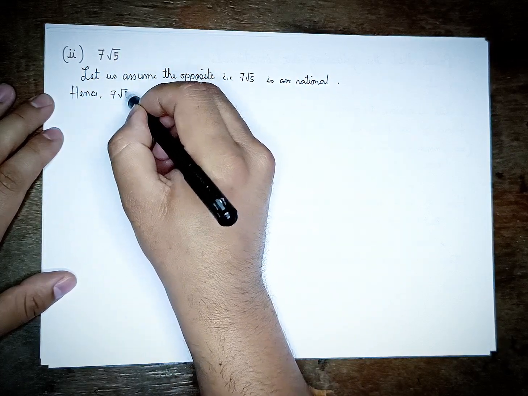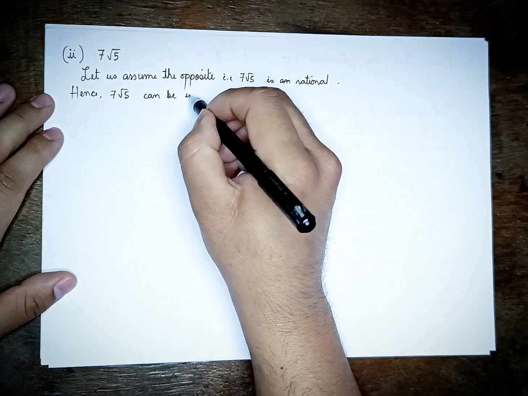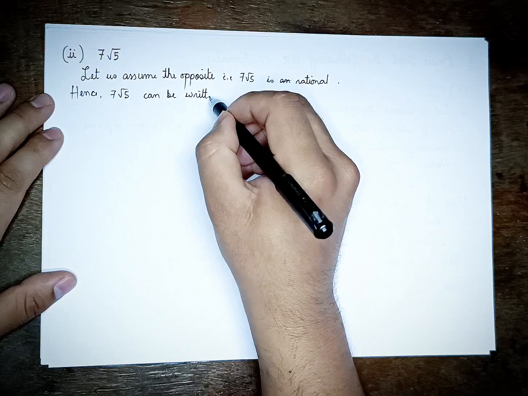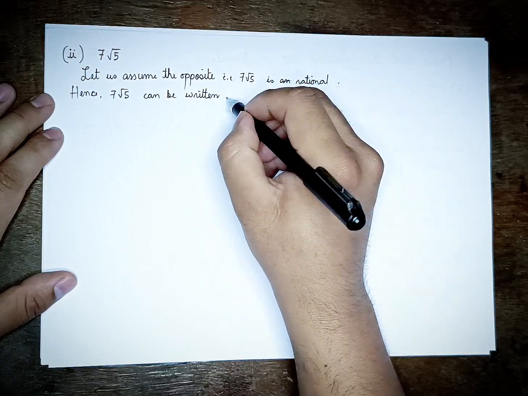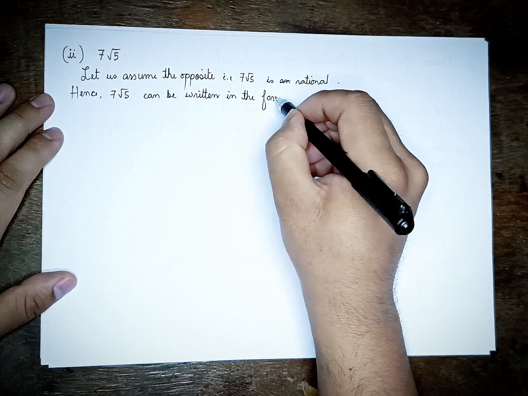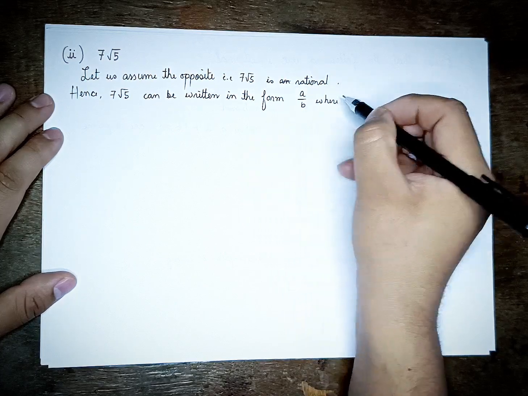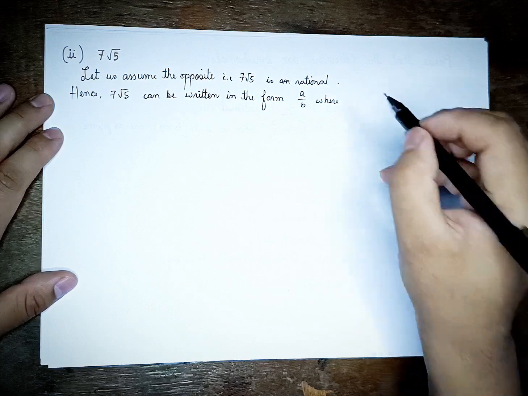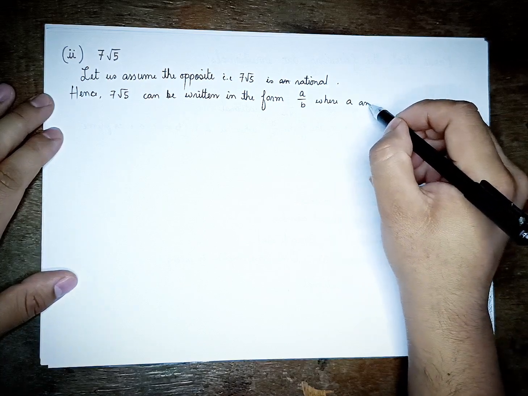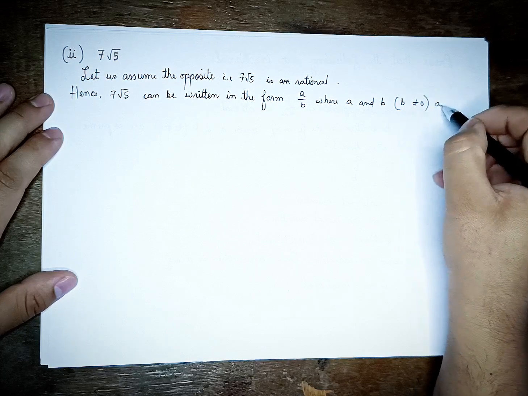Hence, 7 root over 5 can be written in the form a by b, where a and b are coprime, and here b must not be equal to 0.